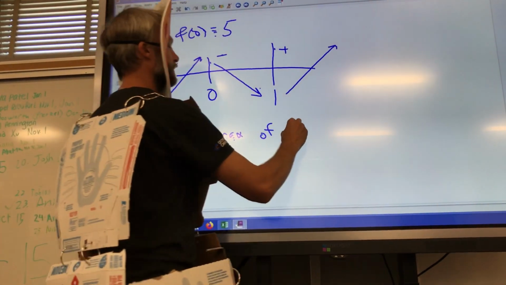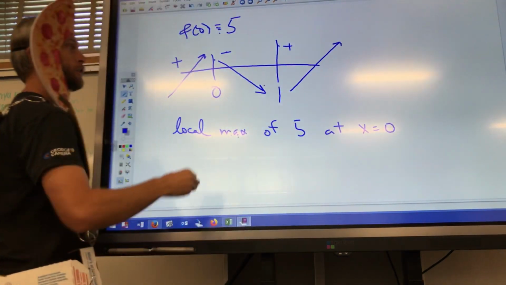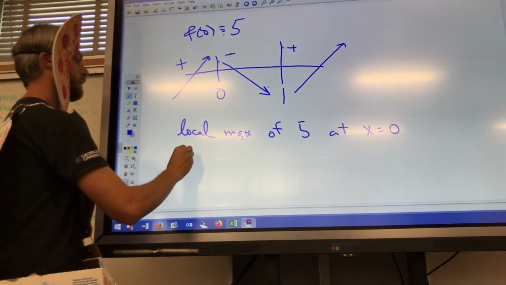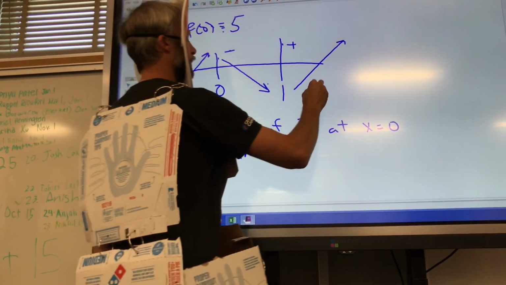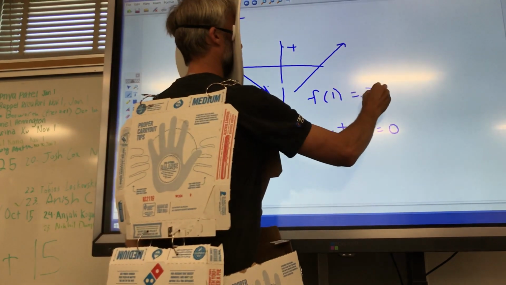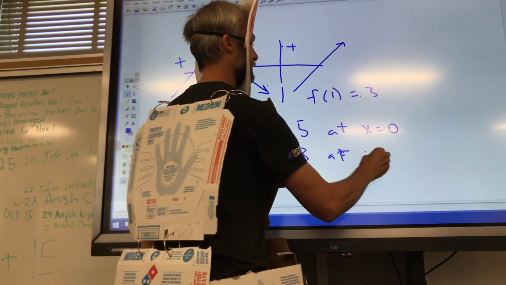So we have a local max of 5 at x equals 0. And we have a local min. What's f of 1? 3. So we have a local min of 3 at x equals 1.